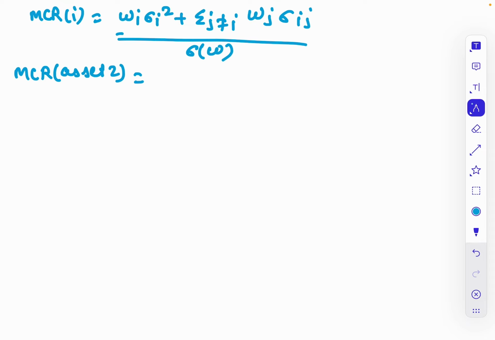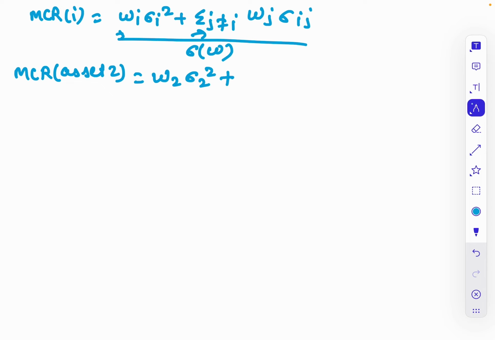So we write w2 into sigma 2 square, then a plus sign, and then the summation. J will be from 1 to 3, because there are three assets in the portfolio, but j cannot be equal to i. Since i is 2, j cannot be 2, so j will be 1 and 3.